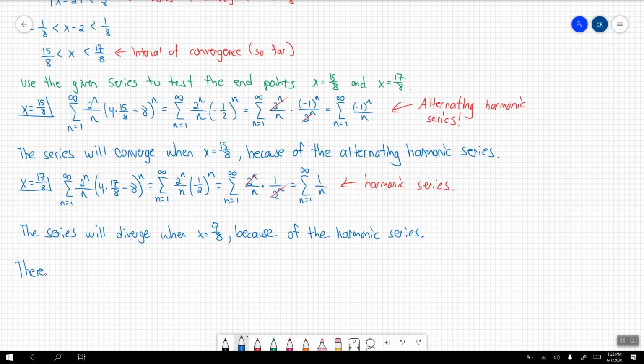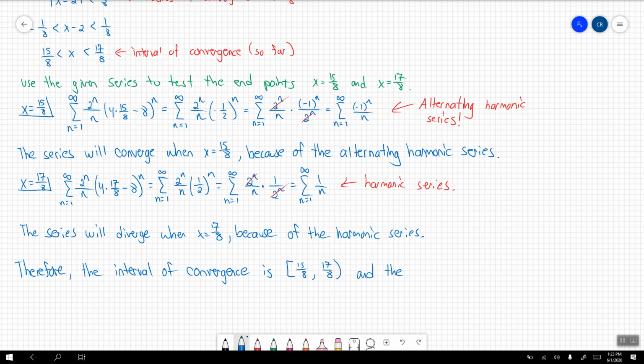Therefore, the interval of convergence is, and in this case, 15/8, inclusive, all the way to 17/8, and 17/8 is not inclusive.